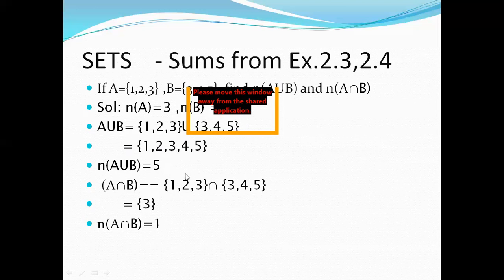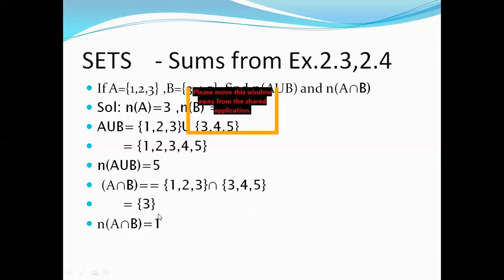Now A intersection B. First find A intersection B. Set A is {1, 2, 3}, and intersection set B is {3, 4, 5}. You know that intersection means the common elements of both the sets. Here, how many common elements do we have? Only 3. So write 3. That means how many elements? It is one element. So n of A intersection B is equal to 1.